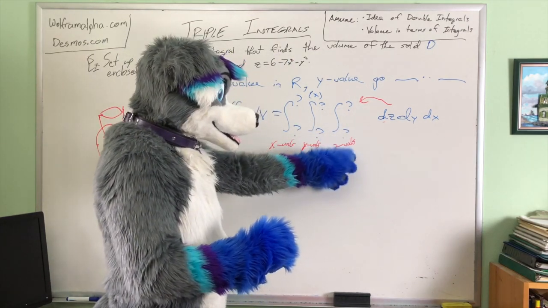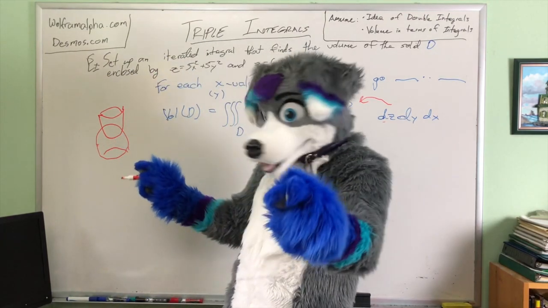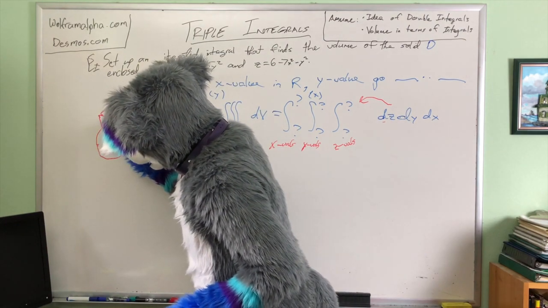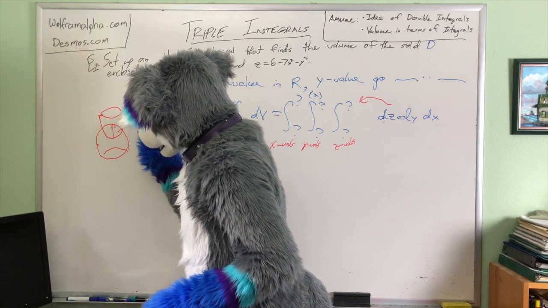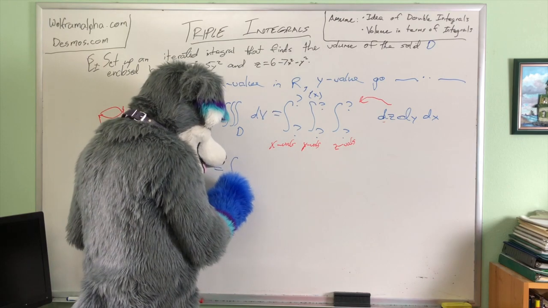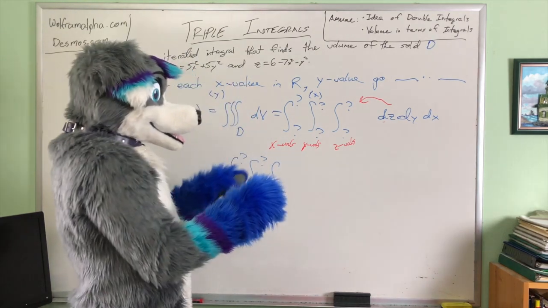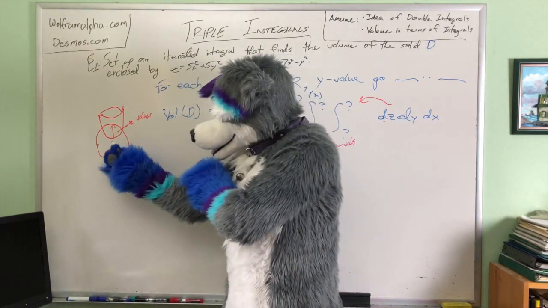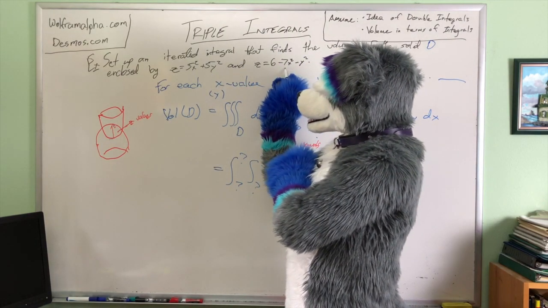The z values go from here up to there, the bottom of this guy to the top of this guy. This will be equal to the integral, and again, this is still question mark, question mark, question mark, question mark. So the z values are going from here up to there.